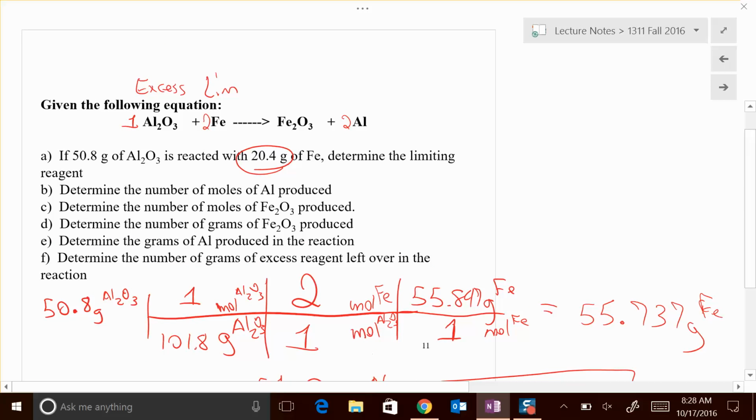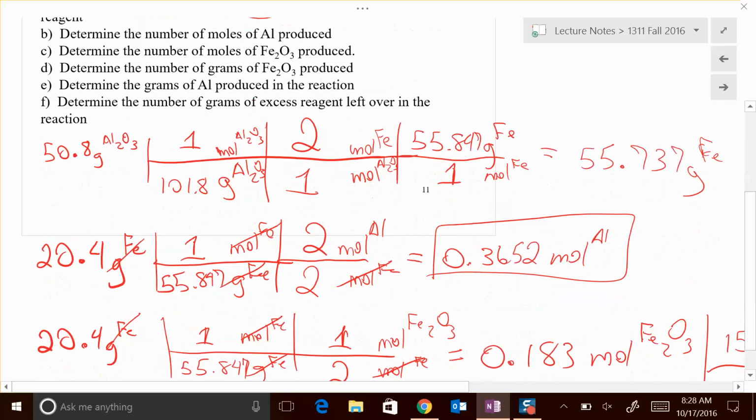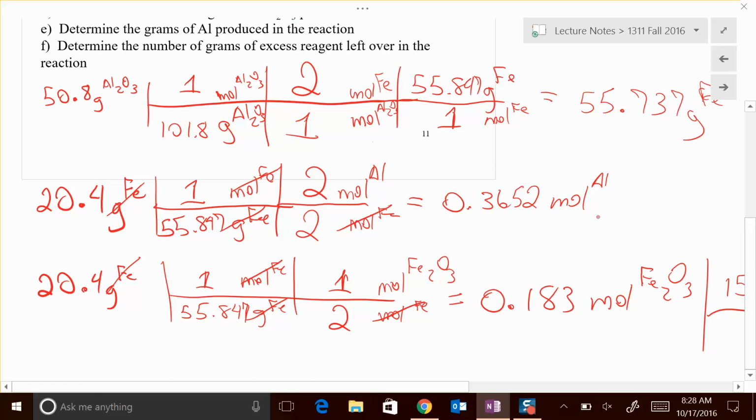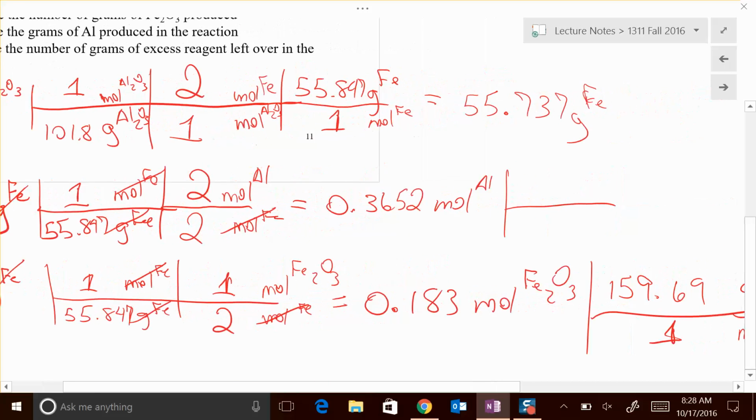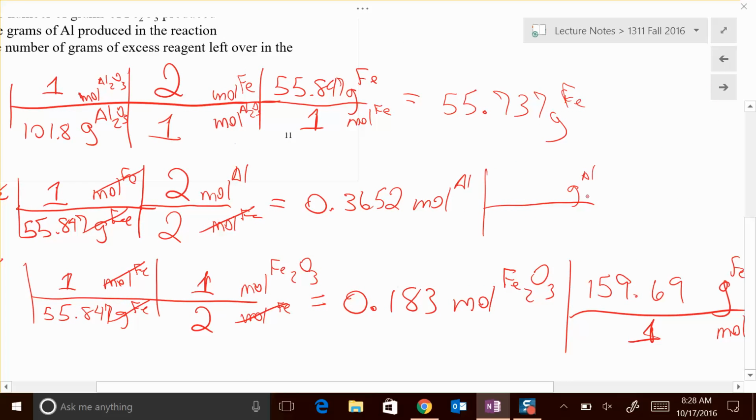Determine the grams of Al produced in the reaction. So just right here, continue it on. Grams of Al from the moles of Al.